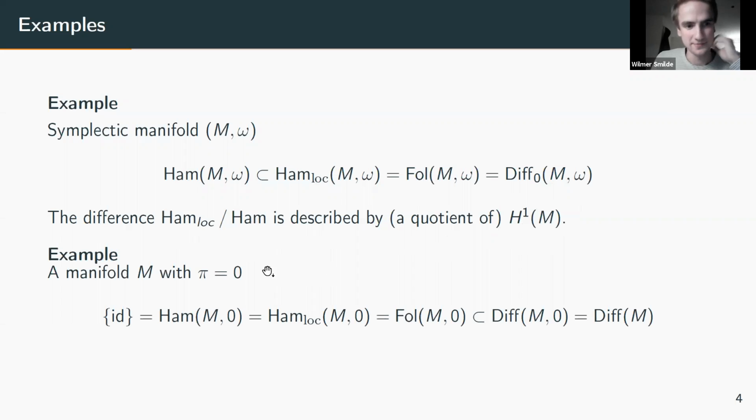On the other extreme, you can look at the Poisson manifold with the zero Poisson structure. In this case, all the subgroups that we mentioned are trivial, except for the Poisson diffeomorphism group, and that one immediately coincides with the full diffeomorphism group. So this already shows that the subgroups can be quite different.